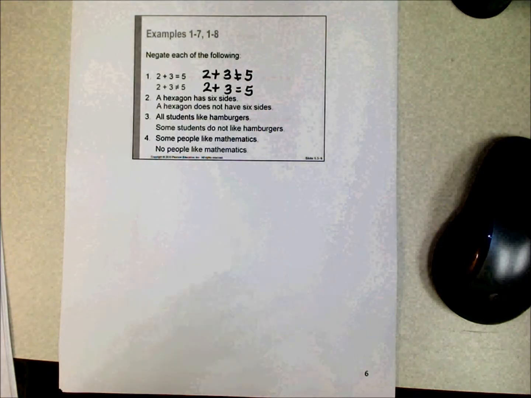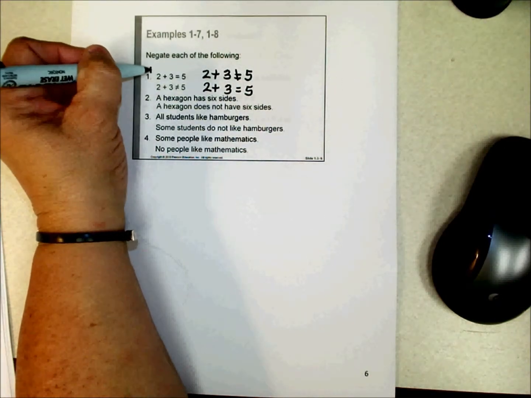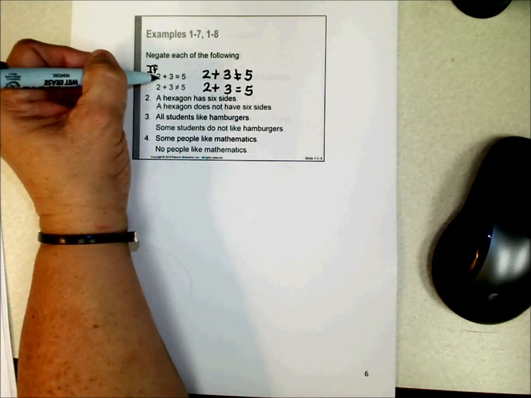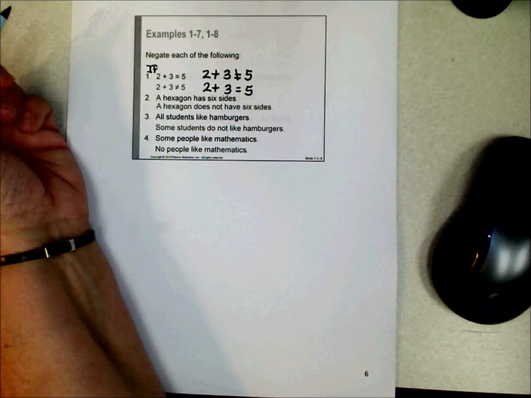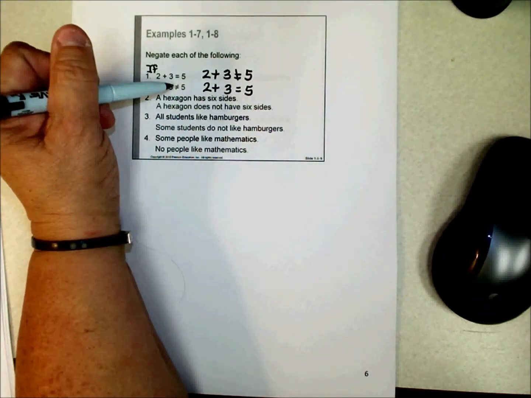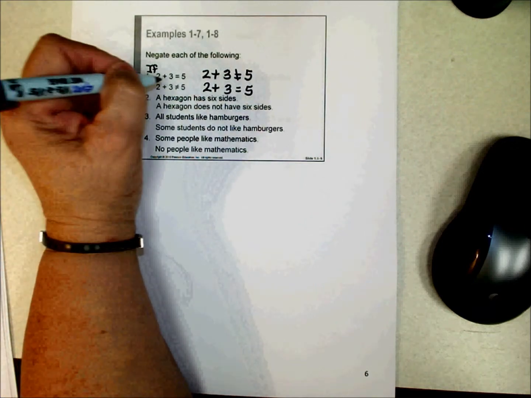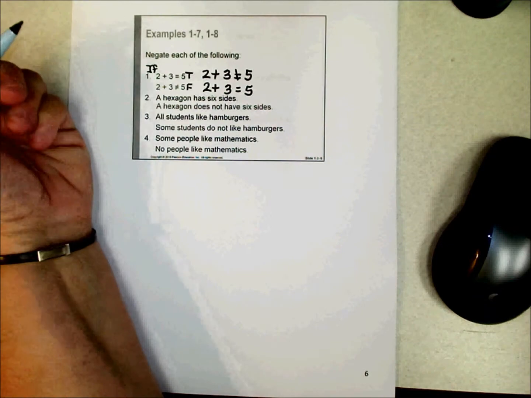Now, remember, if you start out with a true one, for example, 2 plus 3 equals 5, then to negate it by saying 2 plus 3 is not equal to 5 would be false. If this one is true, this one has to be false.